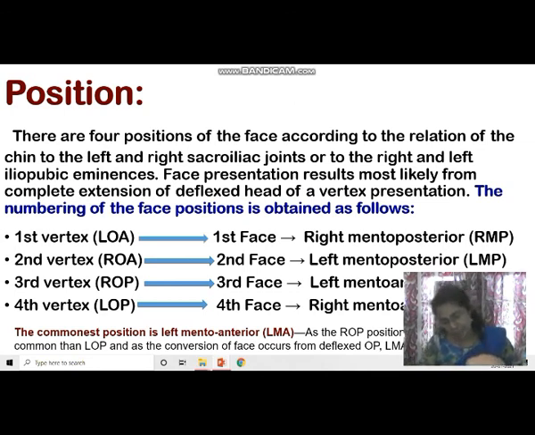If it is extended, it will become RMP, right mentoposterior. You can see from the picture, this is the chin. It is extended and the chin touches the right side. Once more I will show you.